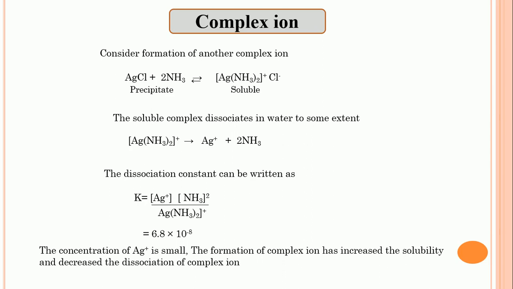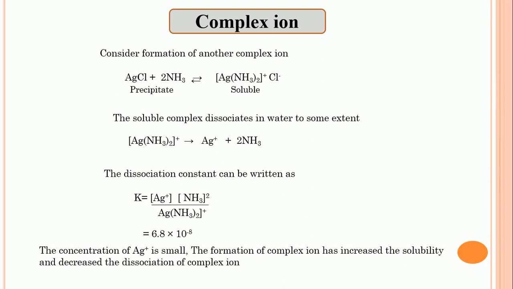In this way the complex ion affects solubility because it affects the solubility product and ionic product, and therefore the maximum amount of complex ion gets dissolved into the water. So these are two examples by which I explained the increase in solubility due to complex ion.